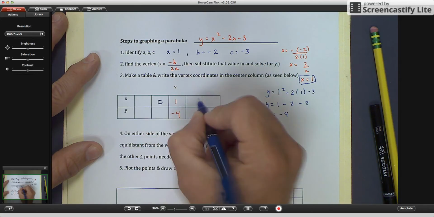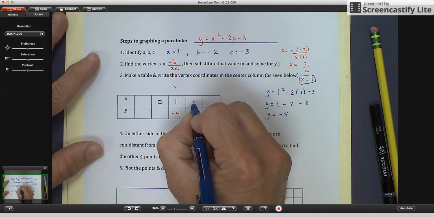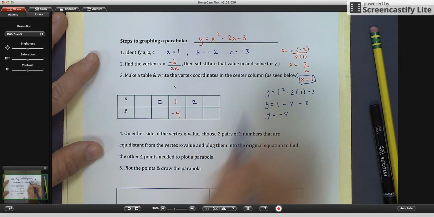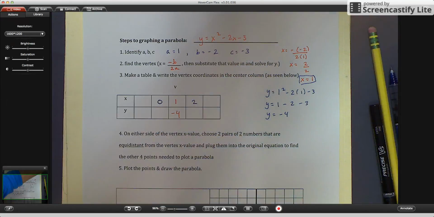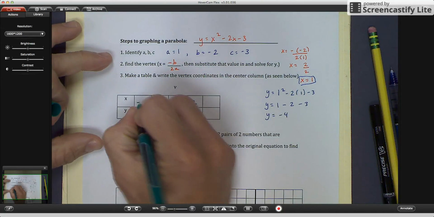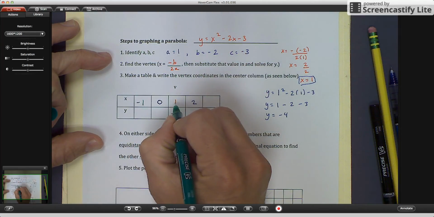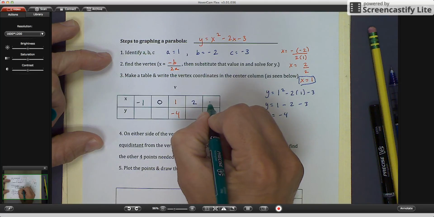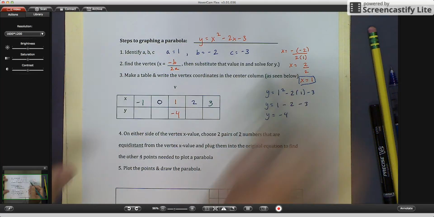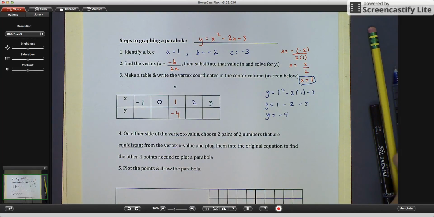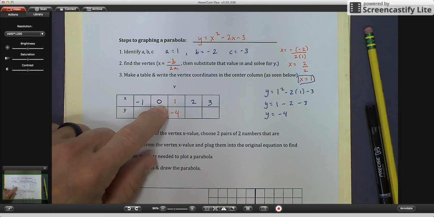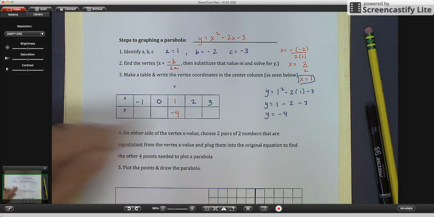So in the other direction, 1 unit away from 1 would be a 2. And then I'm also going to pick a negative 1 there. And negative 1 is 2 units away from 1. So 2 units away from 1 on the positive would be 3. And that's how you select those. If you can ever get a 0 in for your x values, that's a great idea. And I'll show you why in a moment.